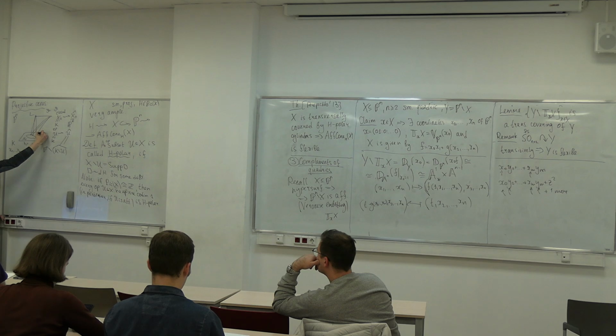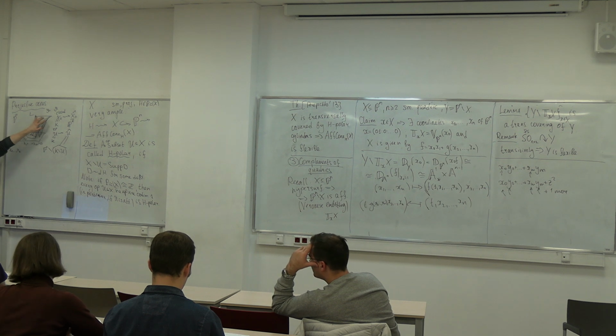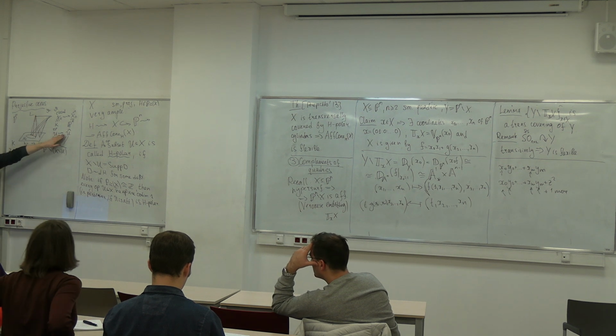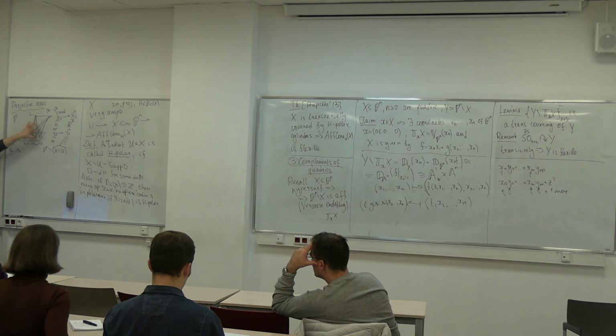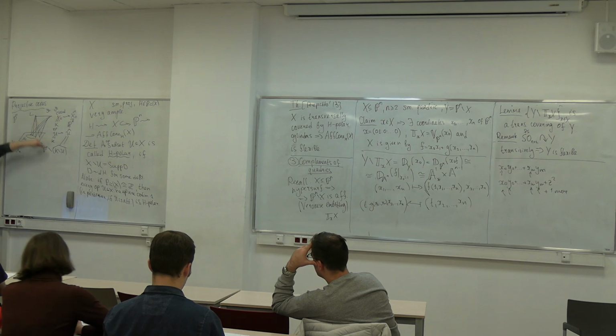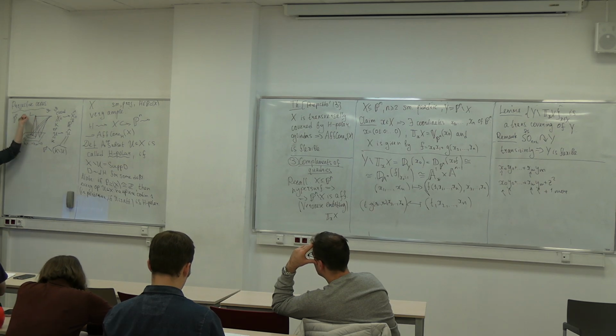This open, I also have every subspace like this, but then I remove this L. That's what I do. So how do I obtain U hat? I also take all those subspaces from each point of view, but also remove L. So that's how it looks.